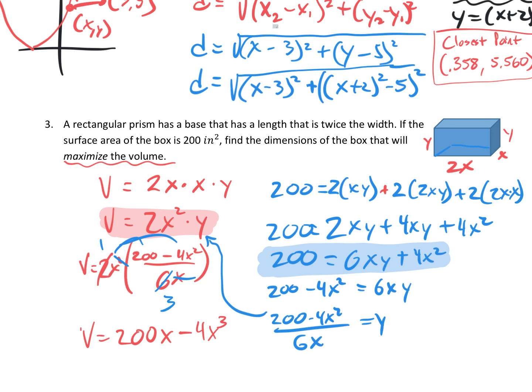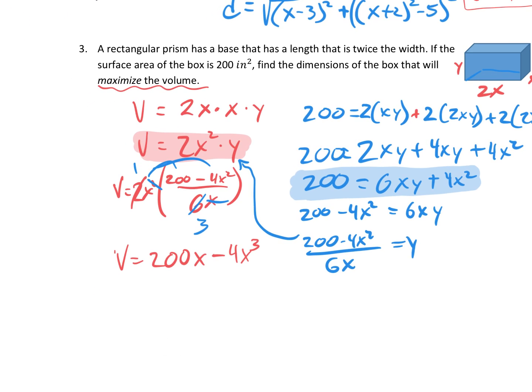Now, if you are nervous about making a mistake on that simplification, then you probably should go right to the calculator. But I think we got it pretty good. Double check. We entered this equation right. 2x squared times that fraction, 2 and 6, leaves us... oh, wait a minute, we got a 3 on the bottom. See?